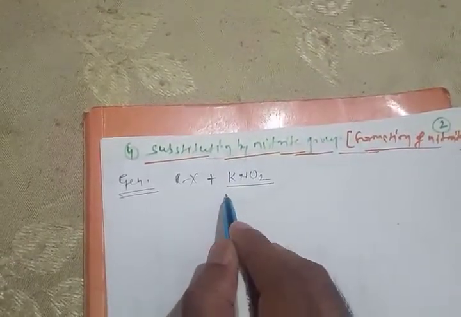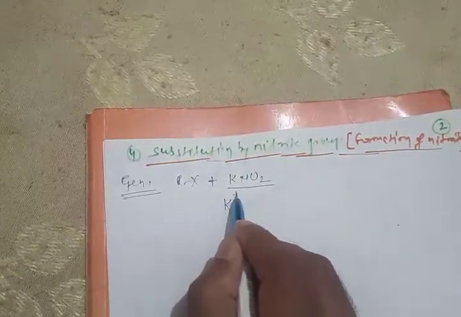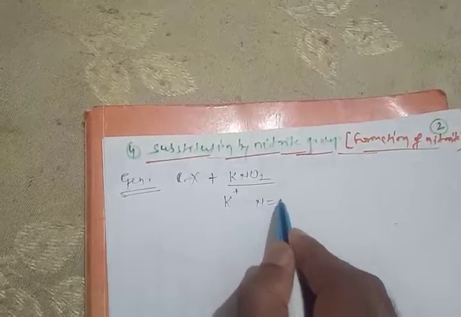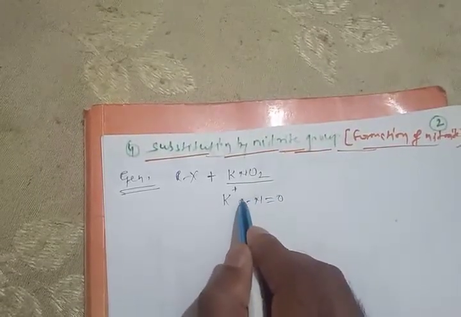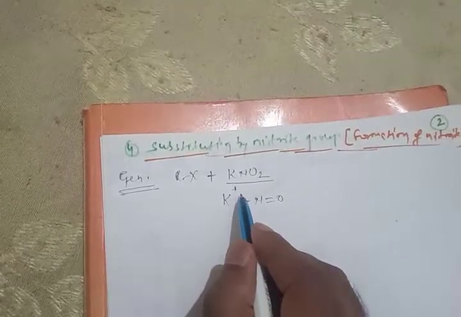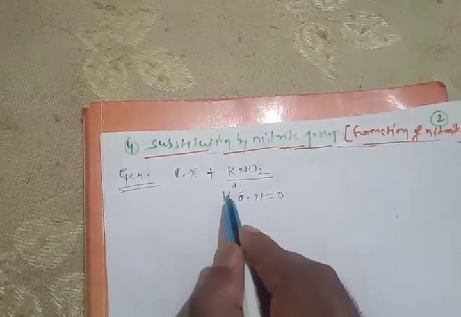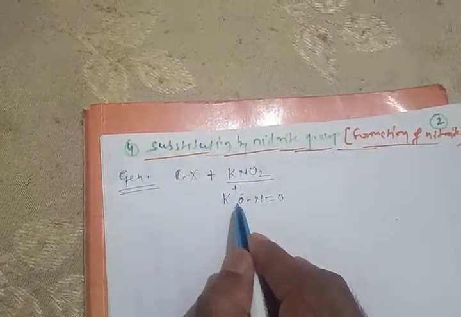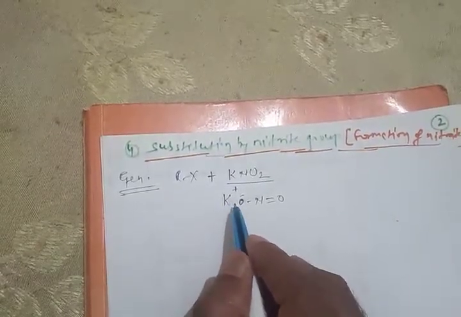So what is the correct representation? The K is in plus charge, and the N is double bonded to O, and this is another O. This oxygen is negatively charged, so the potassium is directly linked with this oxygen. This is very important to understand.